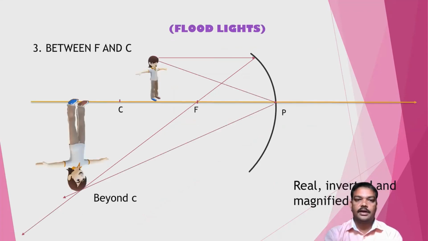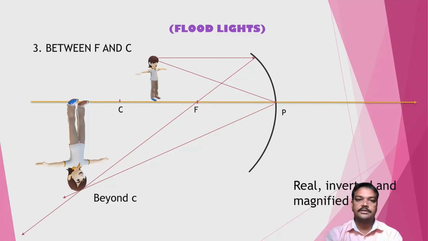Let us see another application of the concave mirror, that is floodlights. A cricket stadium gets illuminated by floodlights, so day and night matches can go on. Floodlights illuminate the ground.